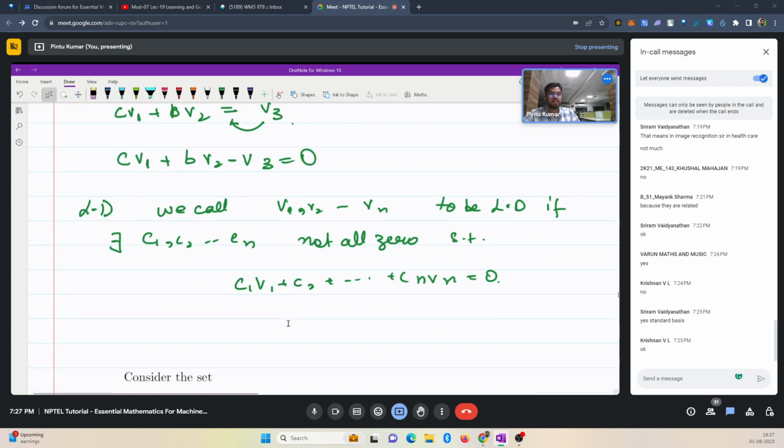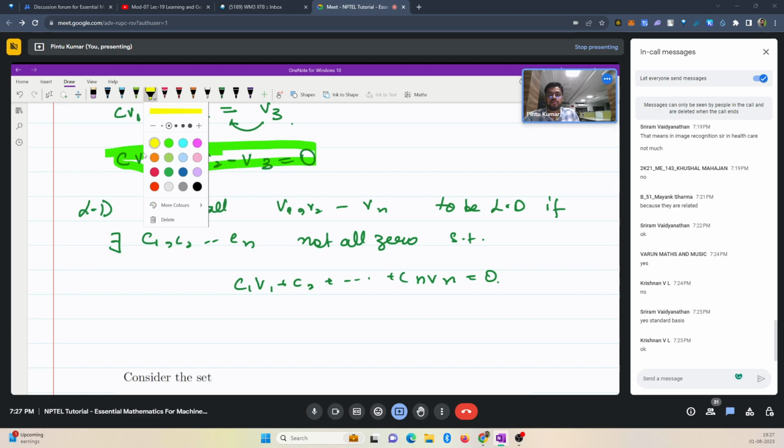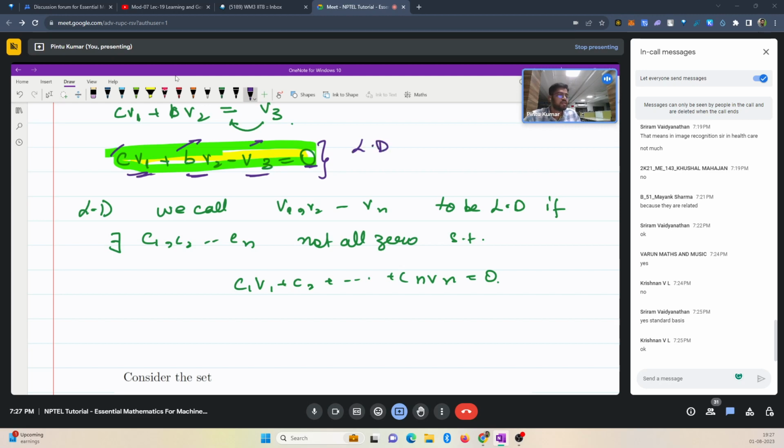If you look at this definition closely, this is just mimicking this particular thing, that over here we were able to write c1 v1 plus c2 v2 plus c3 v3 as equal to 0, where not all c's were 0, and then we call this thing linearly dependent.